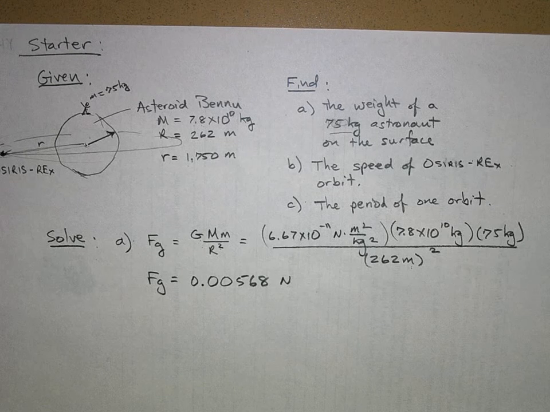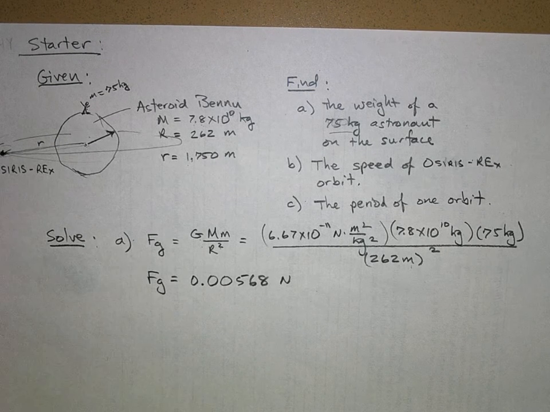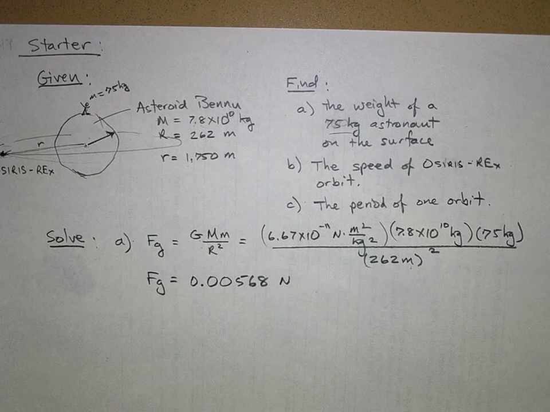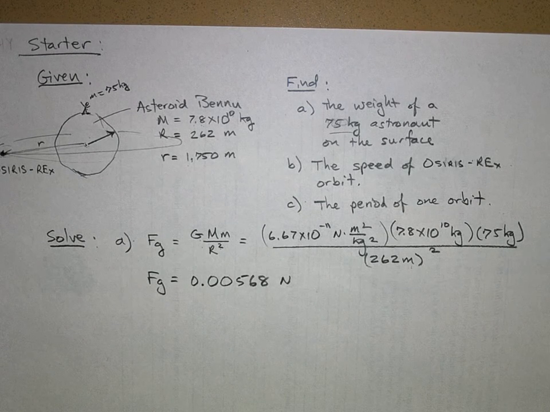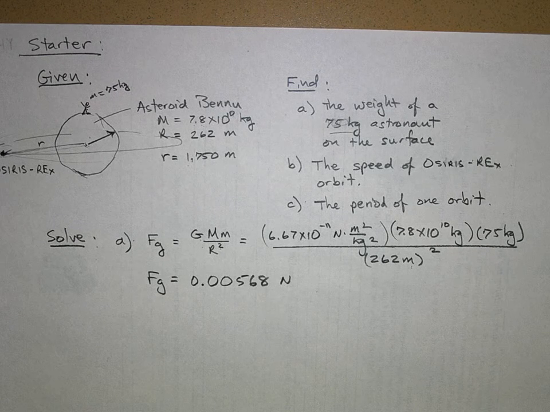You would have less weight. You would weigh about as much as like half an M&M. I think half an M&M probably is about that weight. You would have the weight of a drop of water.